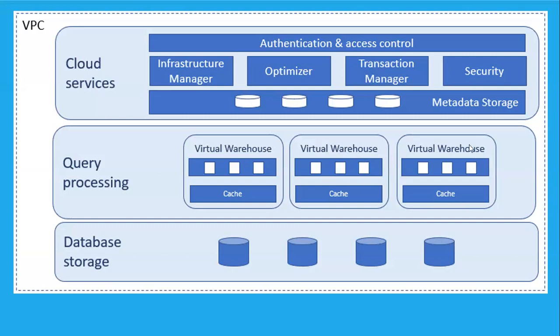These virtual warehouses are objects in Snowflake. Just as you create your tables, databases, stored procedures and views, you can create virtual warehouse objects also in Snowflake. So these are the hardware resources for your project and your Snowflake environment.